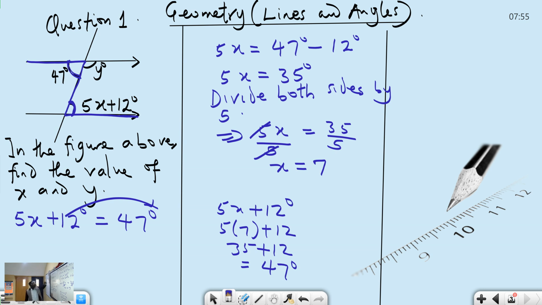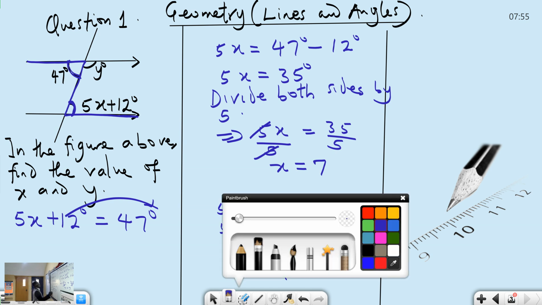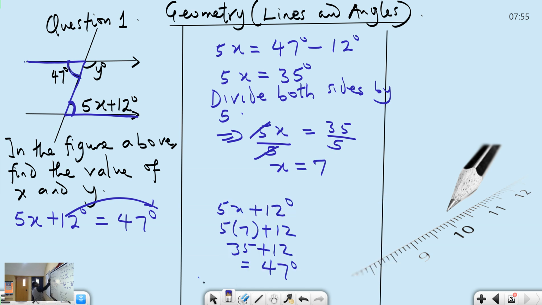So how do we get angle y? I explained earlier that anywhere you spot a straight line, angles on a straight line sum to 180 degrees. Since we got this place to be 47, getting y is pretty easy. All you need to do is add the two angles together, because this angle and this angle are supplementary.